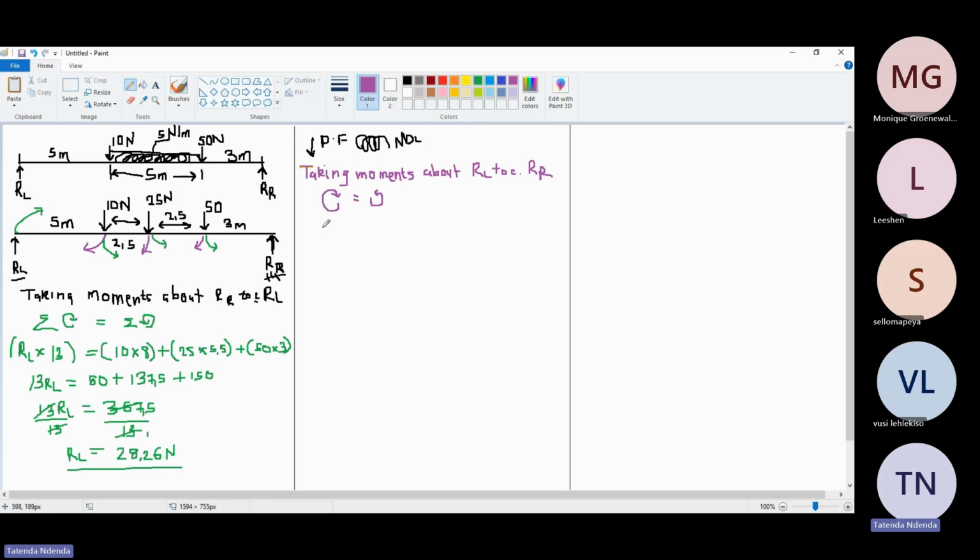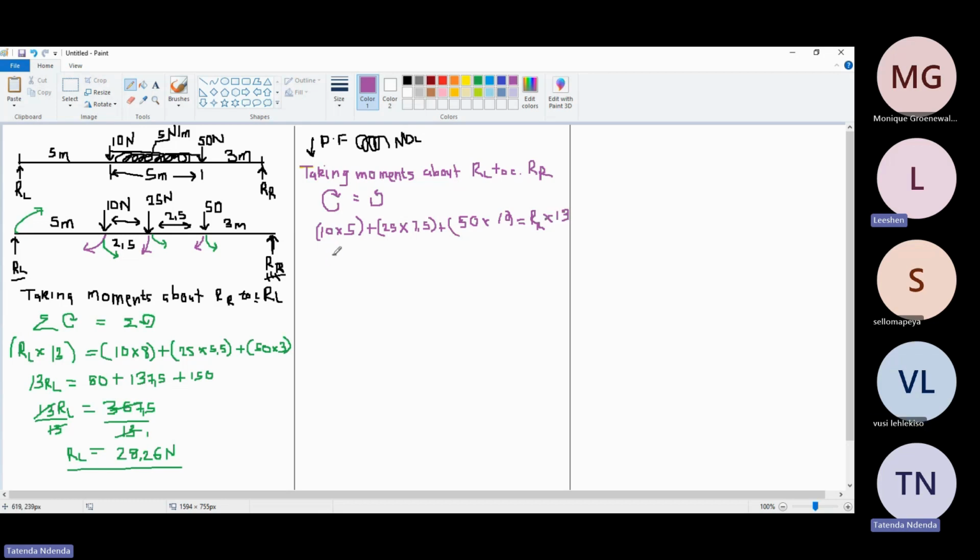The clockwise moments that you're having are 10 multiplied by 5, plus the other one, 25 multiplied by 7.5, then plus another one, 50 multiplied by 10, which is equivalent to RR multiplied by 13.